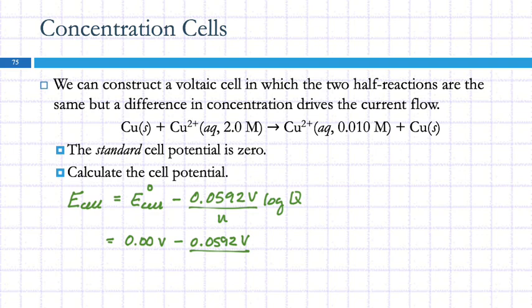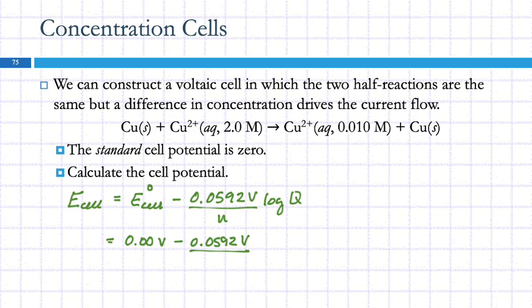What's N? How many electrons are being transferred? 2. How do we figure that out? Well, look at this guy. Started with 0 charge, and now it's positive 2. It lost 2 electrons. This one started with positive 2 and goes to 0. It gained 2 electrons.